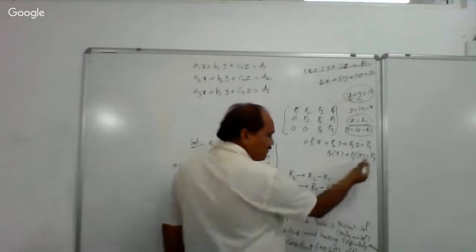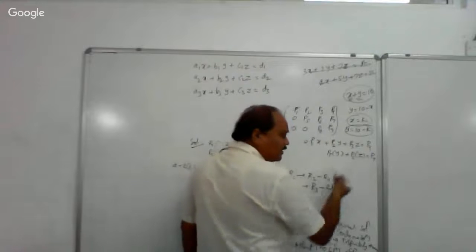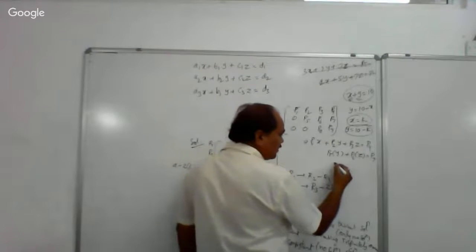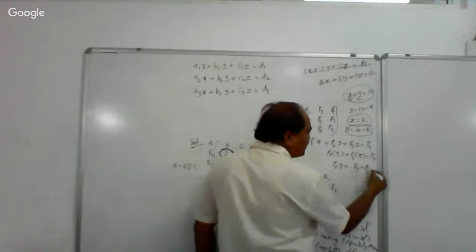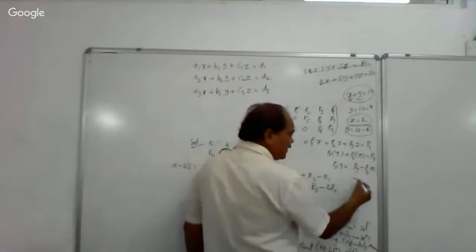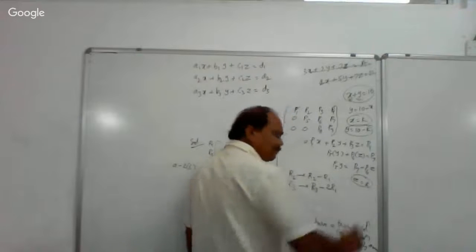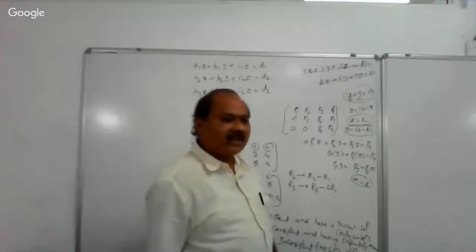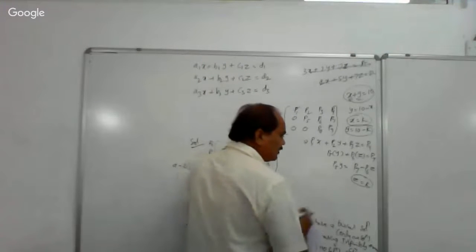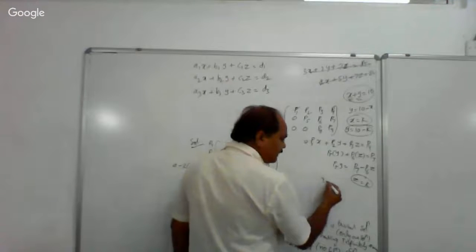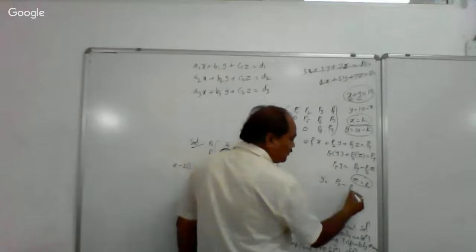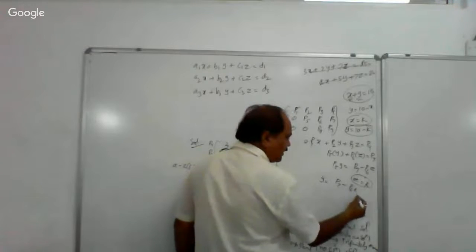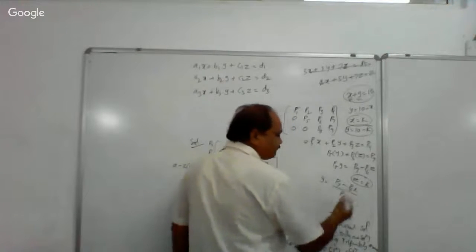Why? Because, for example, by trying to solve this, here p5y equal to p7 minus p6z. Consider z as some real number k. Now, what about the y value? y equal to (p7 minus p6 k) by p5.